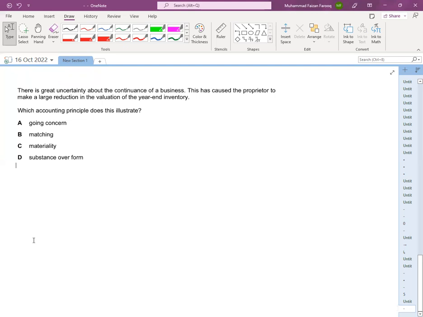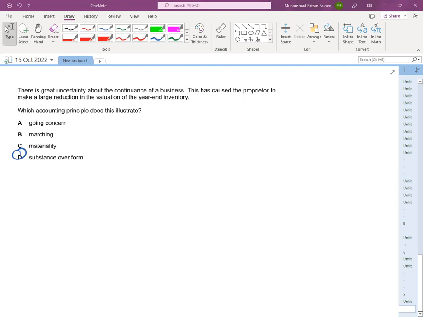Why? Because he is not sure that he will continue. So he has to reduce the values so people cannot make a loss from his decisions. He has to bring the values of inventory to the realistic value. Which concept is that one? That is substance over form.